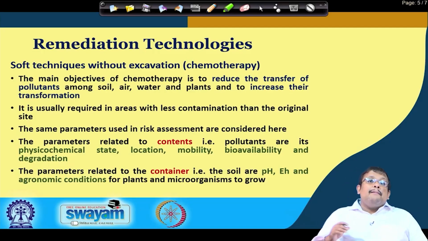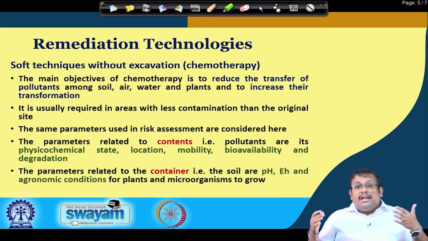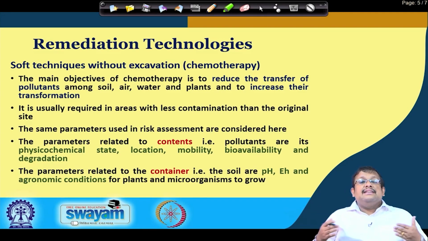The same parameters used in risk assessment are considered here, just like we have seen previously. The parameters related to the contents, for example the pollutants, that is physiochemical state, location, mobility, bioavailability and degradation, are all considered for remediation, and the parameters related to the container, that is the soil, such as pH, Eh and agronomic conditions for plants and microorganisms to grow.